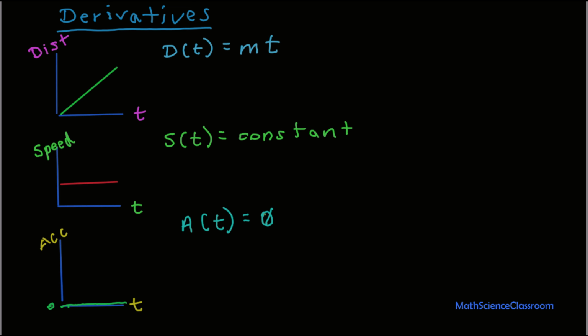What we've basically done here is describe the slope of the first graph, the relationship between distance and time, and that slope was described in the next graph. So that is actually speed. Then for the speed graph, we describe the slope, the rate of change for the relationship between speed and time, and that's described in the acceleration graph.